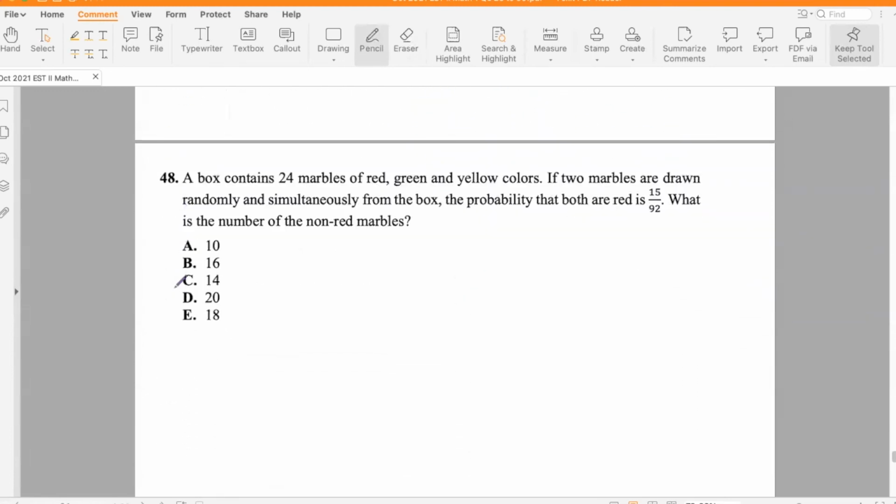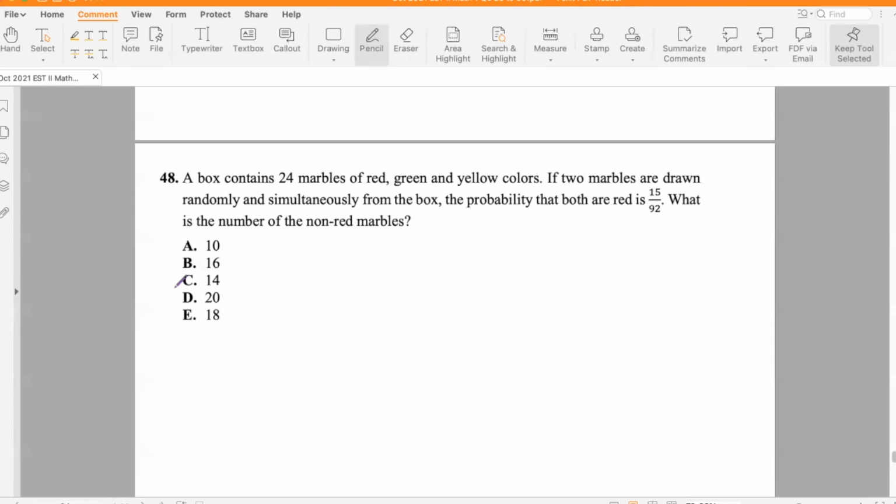A box contains 24 marbles of red, green, and yellow colors. If two marbles are drawn randomly and simultaneously from the box, the probability that both are red is 15 by 92. What is the number of non-red marbles?